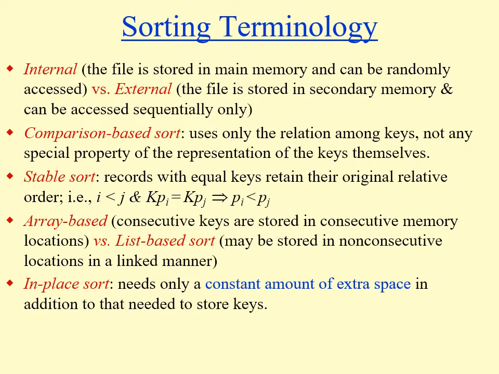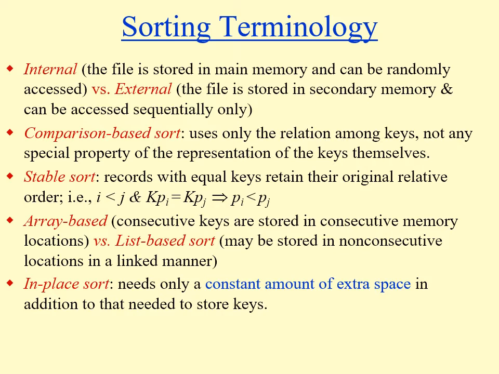You use only the relations among keys, not any special property of the representation of the keys themselves. You do not use some other heuristic function about the keys. You just compare the keys directly to arrange them by rank. Okay, this is another term.